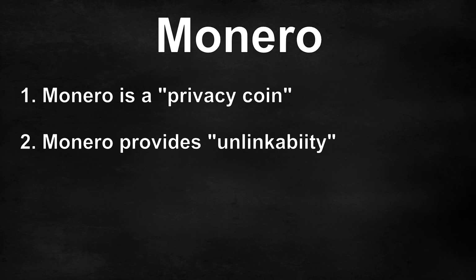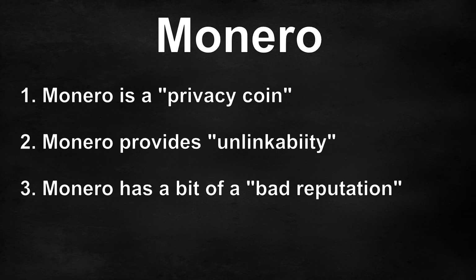Now, both of those terms are outside of the scope of this video, but feel free to research Monero in more detail so that you are comfortable using it for this purpose. Monero has had a bit of a bad reputation in some communities due to its use by some rather shady individuals. However, the positives of Monero, in my opinion, definitely outweigh this connotation.